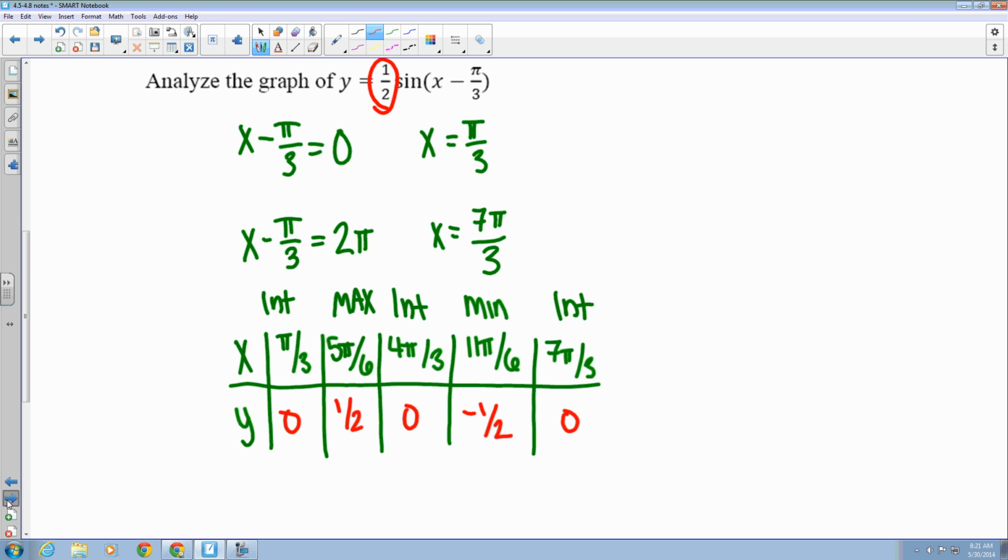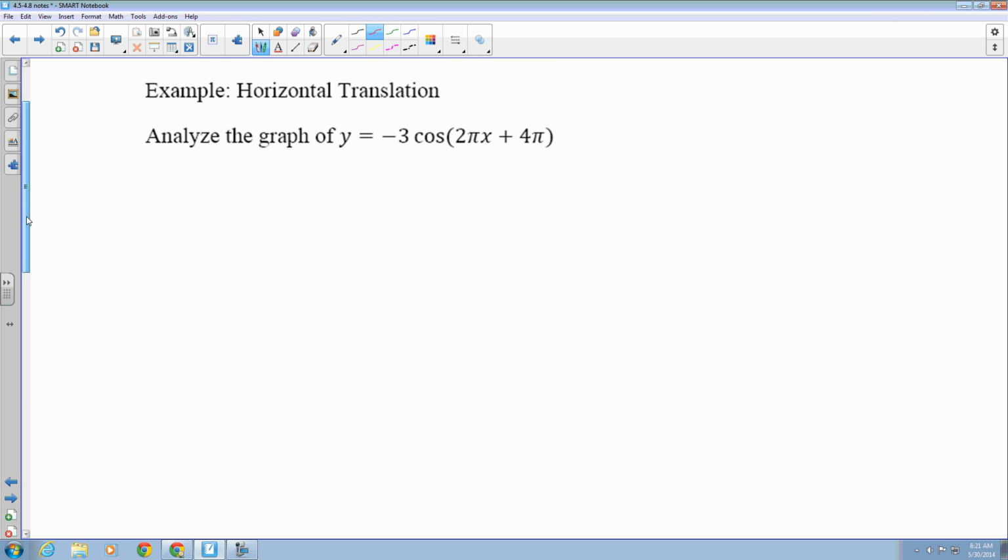Okay. On to the last couple examples here. So now we have a couple transformations. We have negative 3 cosine of 2 pi x plus 4 pi. So I need to figure out my starting and ending points.